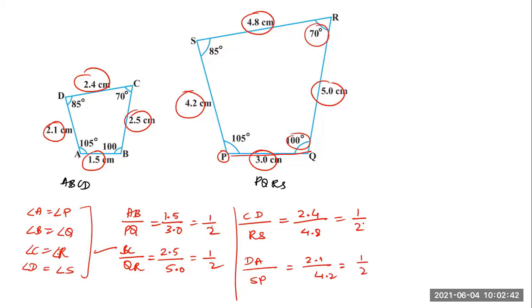So 1 by 2, 1 by 2, 1 by 2, 1 by 2. The sides are in proportional.